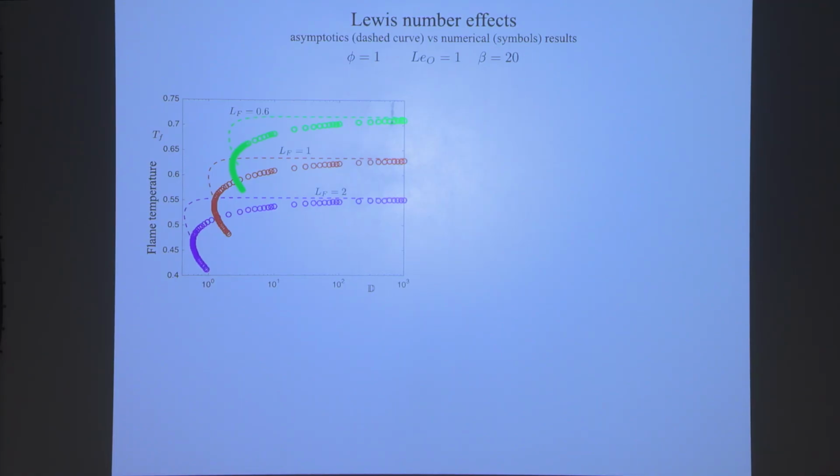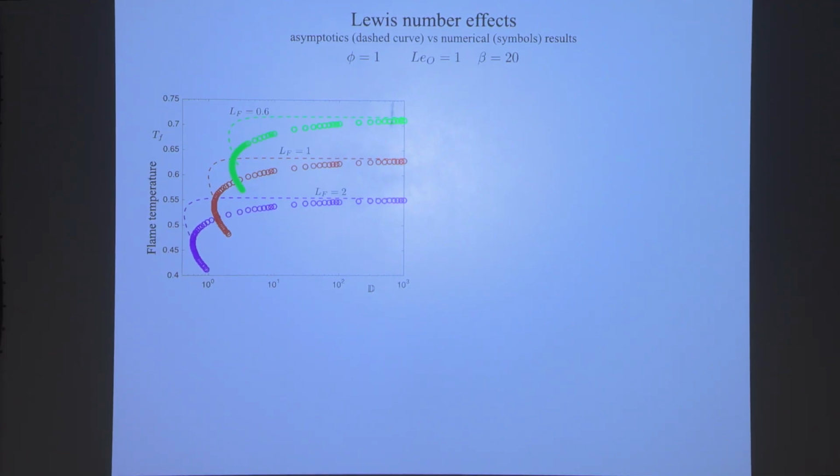Anyway, here are the results. First of all, I am showing the effect of the Lewis numbers. The dashed curves are the asymptotic results. These curves are the numerical ones.